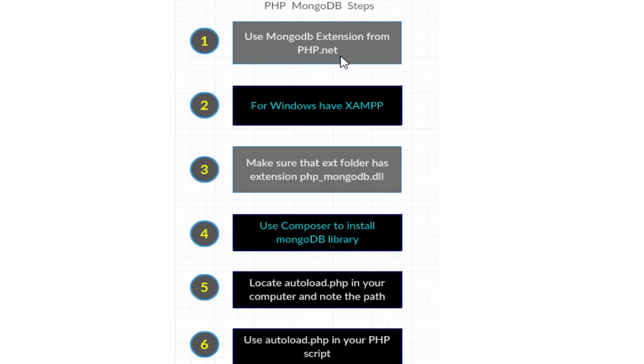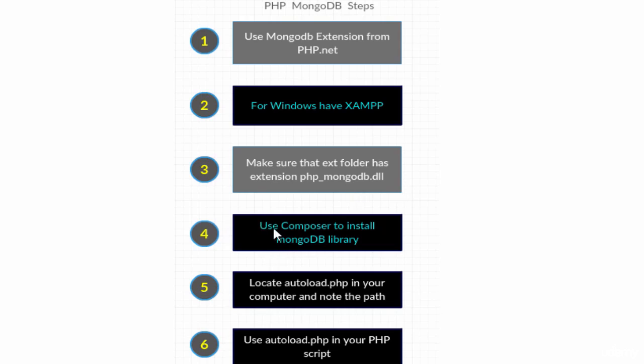We'll be doing the following steps for the PHP MongoDB demonstration. The first one is we'll be installing the MongoDB extension from PHP.NET. Either you can use PECL or you can directly download the DLL from PHP.NET. In the second step, I hope you all have either XAMPP, WAMP or MAMP in your systems.